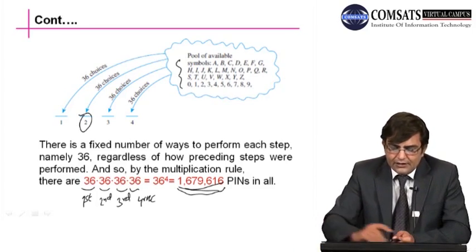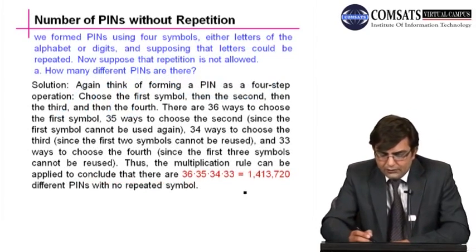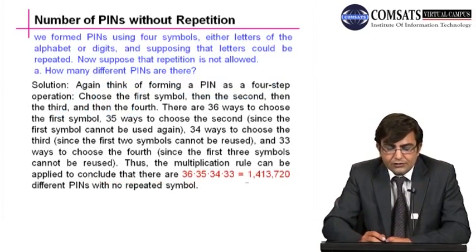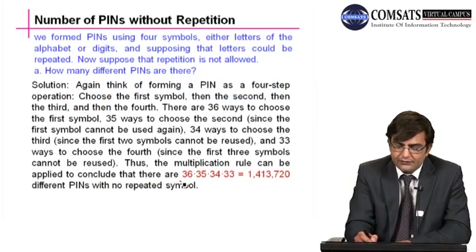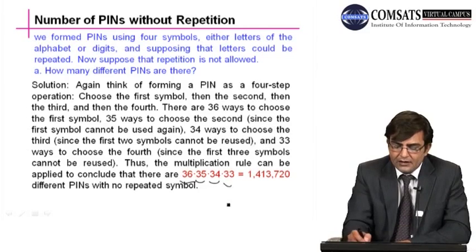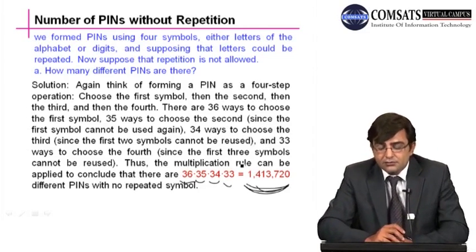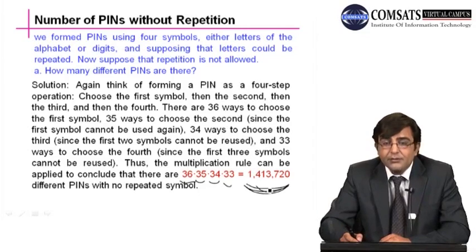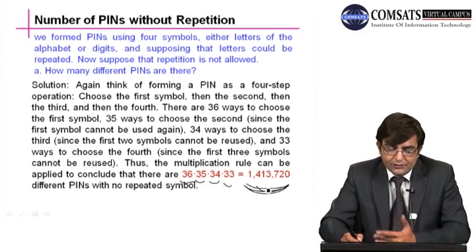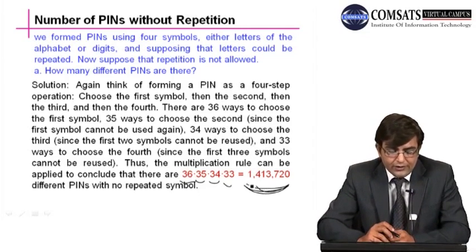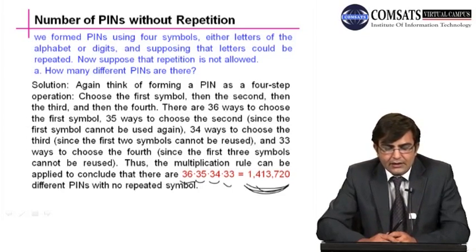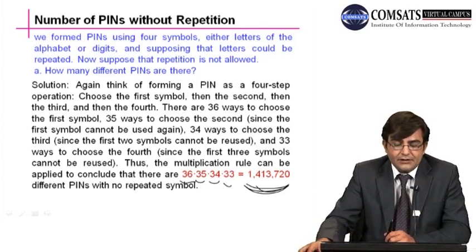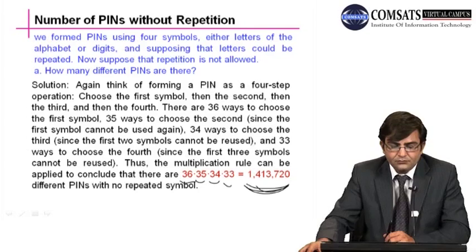So the number of possible ways for choosing the PIN is 36 into 35 into 34 into 33. These are the possible ways in which you can choose the personal identification numbers. So this is again an application of the multiplication rule.